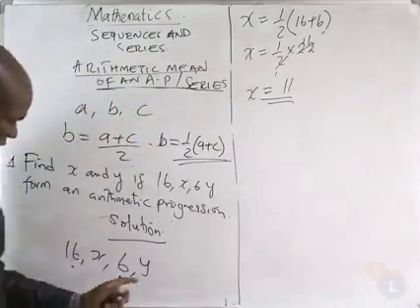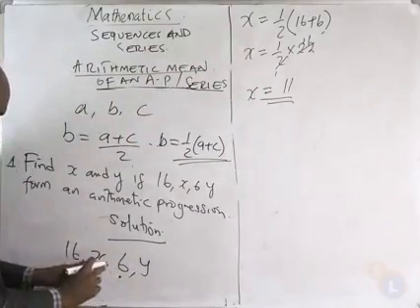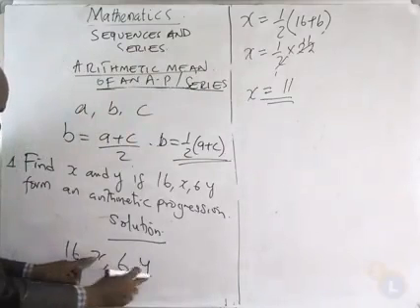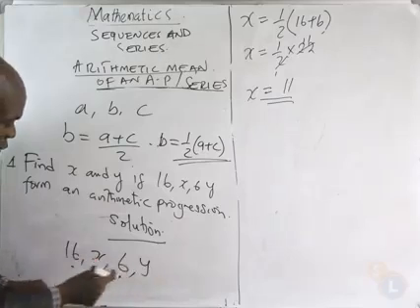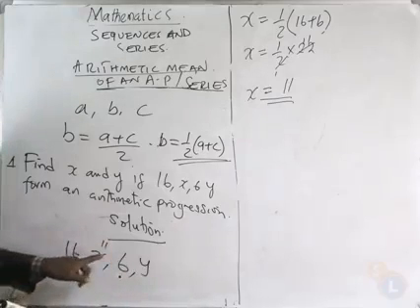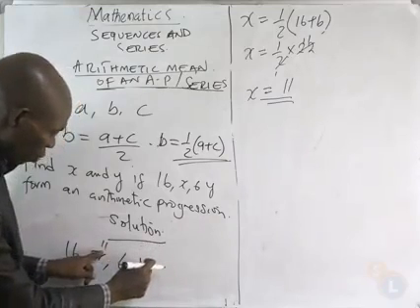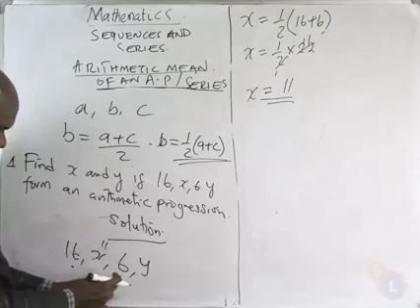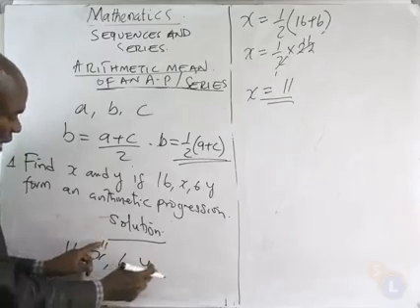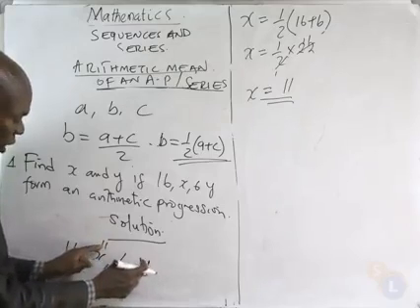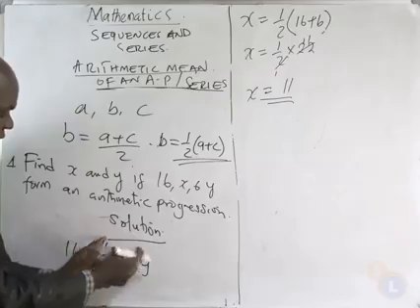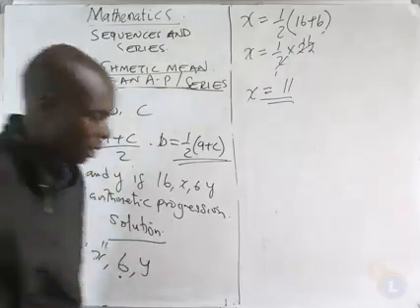But there is another one which has remained, which is the value of y. How do we find the value of y? Here we have calculated 11, and there we have y. So our arithmetic mean is definitely 6. To find the arithmetic mean, you add these two, and it should be equal to that.